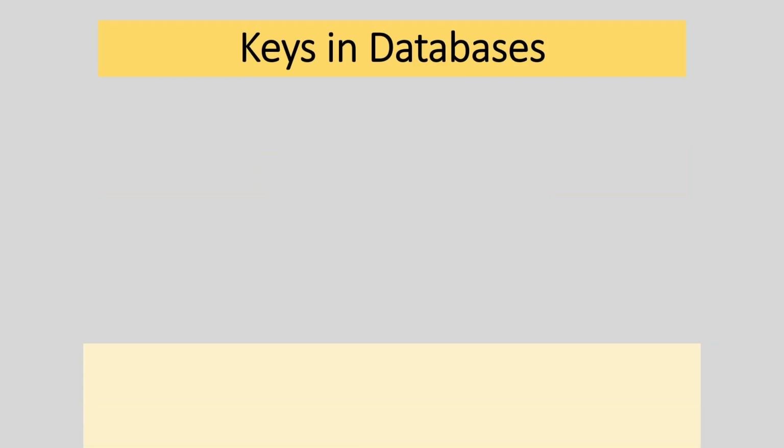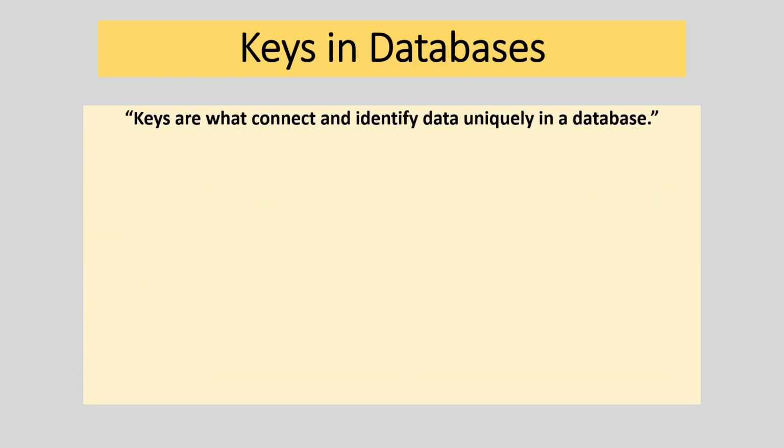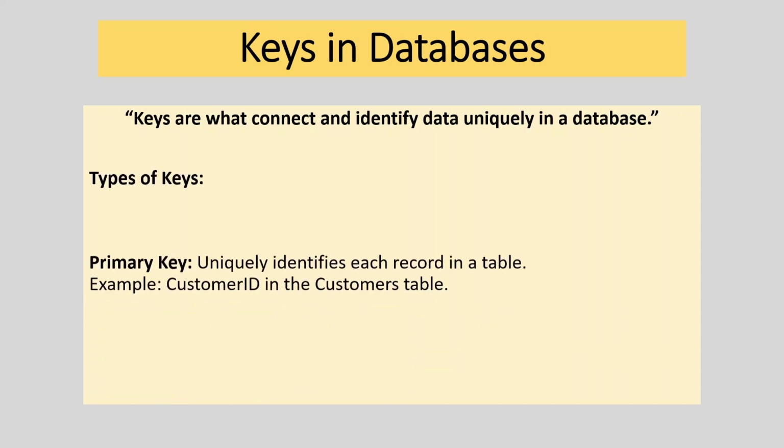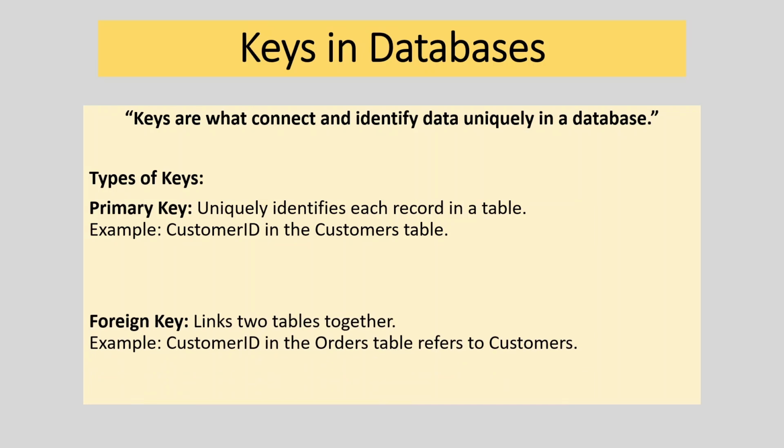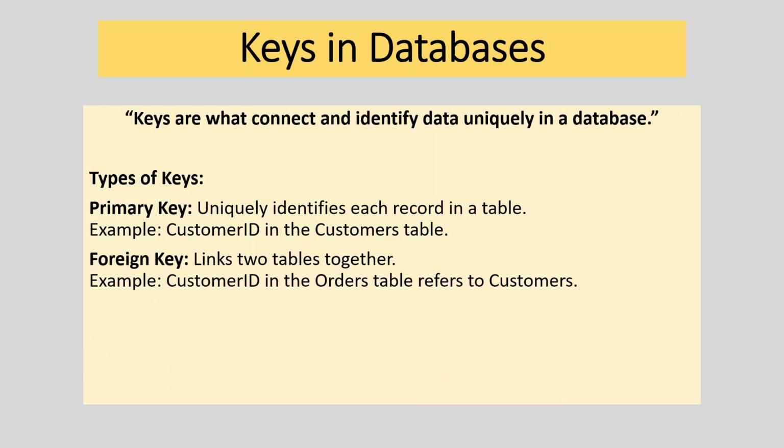Next is keys in database. So what are keys? Keys are what connect and identify data uniquely in a database. And we have 4 types of keys. We'll go one by one. The first is a primary key. It uniquely identifies each record in a table. Example, the customer ID in the customers table is the primary key. The second one is foreign key.